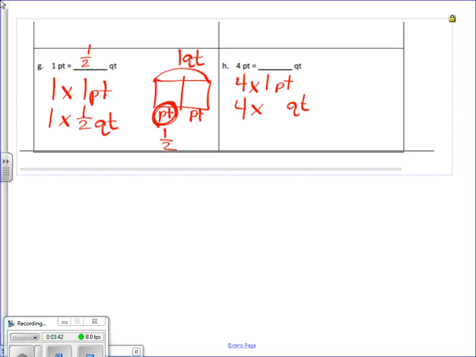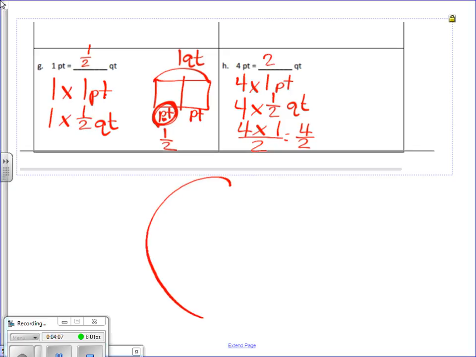I only have 1 pint. Don't give me the answer to the whole question. I only want the answer to the question I asked. 1 pint to a quart is 1/2. 4 times 1 over 2, 4 over 2 equals 2.